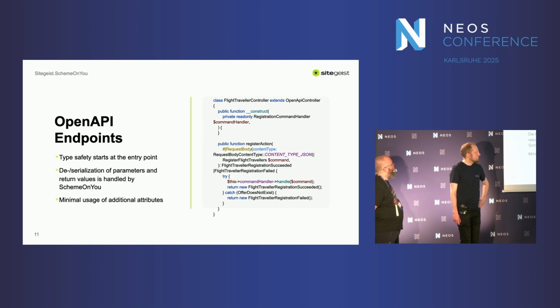The only attribute we need here is the one describing that this parameter, this command, is to be sent via a request body, because the router has no chance of knowing that. And also the specification needs that to be rendered, and this can't be derived from the code without that attribute. But apart from that, that's just basically a controller. You would write exactly that way anyway.